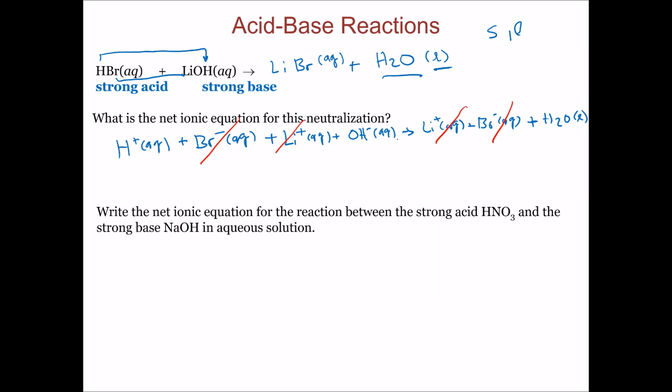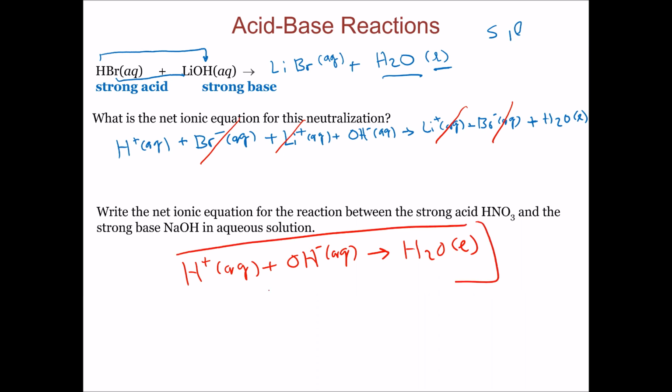Lithium remains the same before and after the reaction, so that leaves H plus that combines with OH minus to make liquid water molecules. So that's the net ionic equation that describes an acid-base reaction between a strong acid and a strong base.